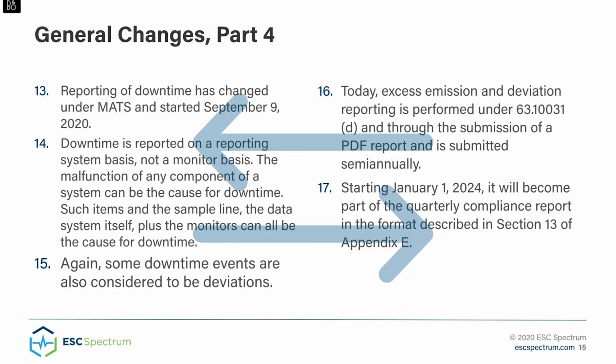But starting January 1 of 2024, the reporting of the excess emissions and deviations will become part of the quarterly compliance report in the format described in section 13 of Appendix E. Appendix E is used for a lot of different reporting purposes, and we'll talk a little bit further about that in a few minutes here.